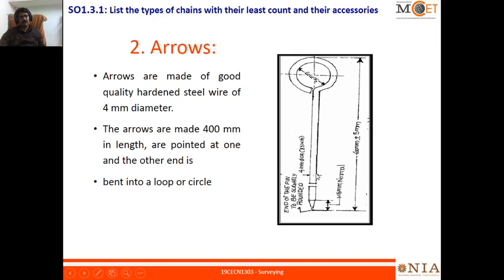In some there will be 5 mm also, no issue. And there will be a sharp edge, since it can be inserted in the ground to mark at what distance we need to measure, right? So the arrows are made 400 mm in length, pointed at one end and the other end is bent into a loop or circle.